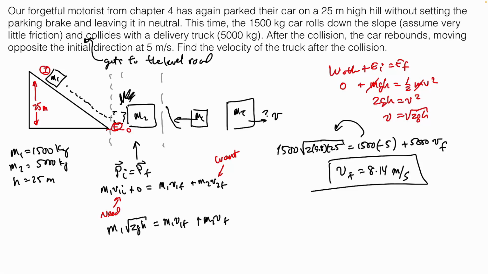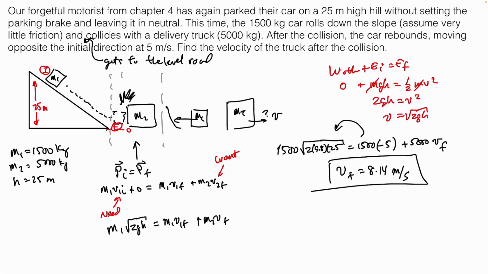Is it kind of fast? So the car was going at 22.14 at the bottom of the hill. Now, the car did bounce off the truck, which means there was more impulse, a bigger change in momentum.